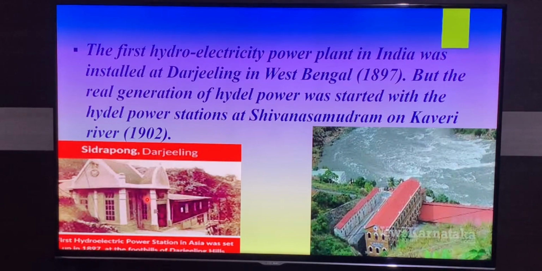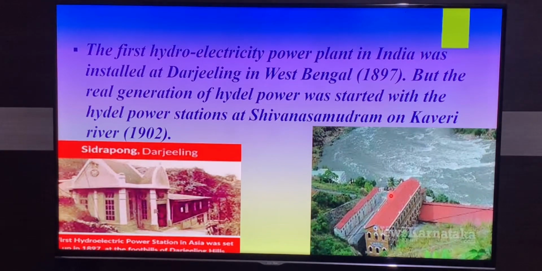So observe this picture, children. The first hydroelectric power plant in India was installed at Darjeeling in West Bengal in the year 1897. But the real generation of hydel power was started with the hydel power station at Shivanasamudra on the Kaveri River.